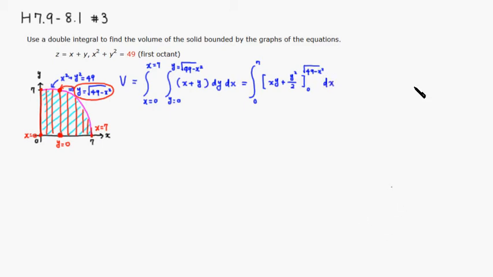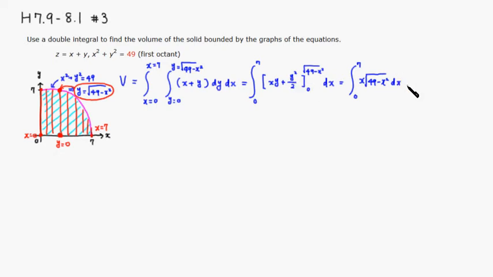All right. So if you plug in the top one for y, you're going to get the integral from 0 to 7. Then you have x, and y is now square root of 49 minus x squared, right? I'm going to split this integral into two so that we can work on them separately, right?